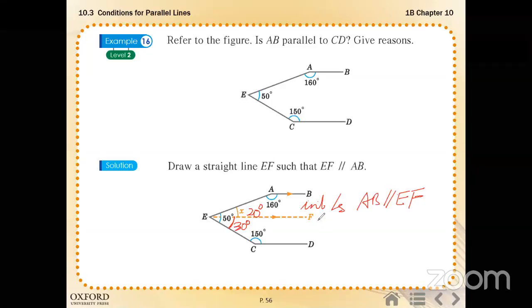After knowing that this is 30, I add these two together: 30 plus 150, which is 180, right?